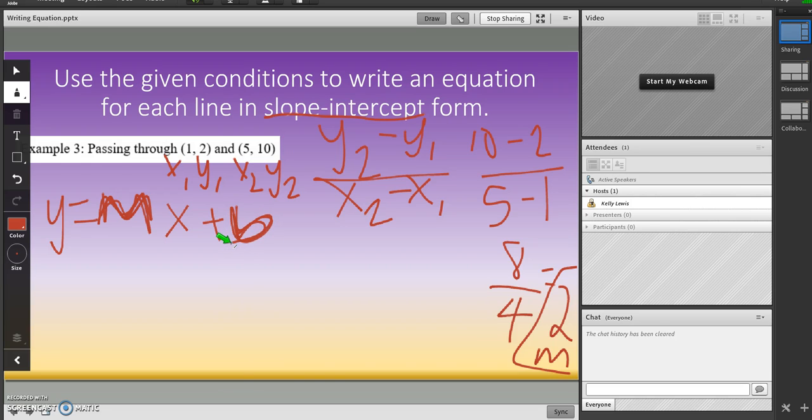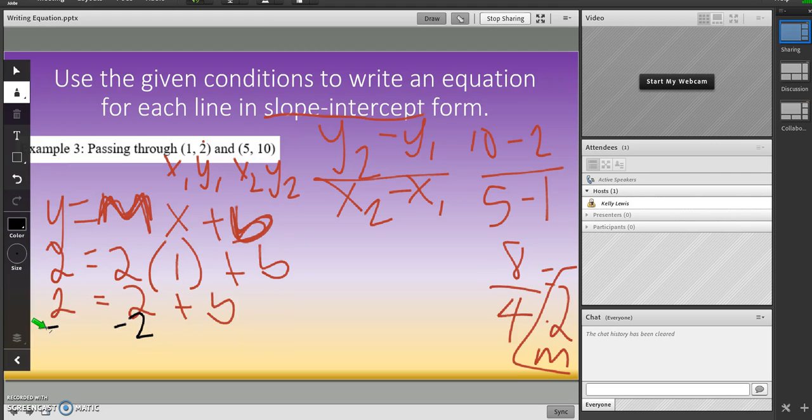It doesn't matter what point we choose. I'm just going to pick the first one because it's first and the numbers are smaller. So y is 2, m is 2, x is 1, and we don't know b. So we get 2 equals 2 times 1, which is 2, plus b.